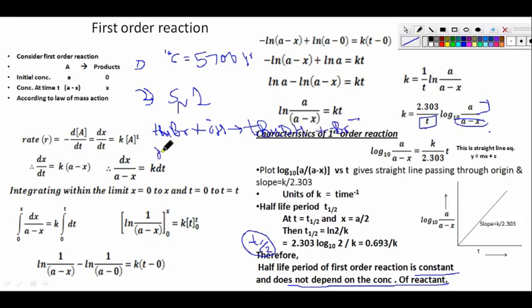Here rate is equal to rate constant into concentration of tertiary butyl bromide. What is the power of concentration of tertiary butyl bromide? 1. That's why the SN1 reaction follows first order kinetics.